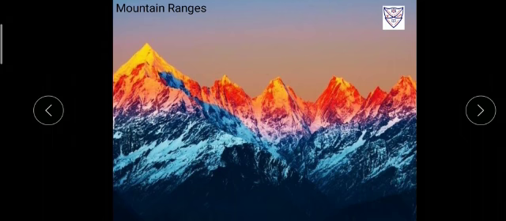But many times there is a vast difference between two mountains. It looks easy to jump from here to there, but no, there is a vast gap. You need to travel a long way to reach the other mountain. So this is called a mountain range.